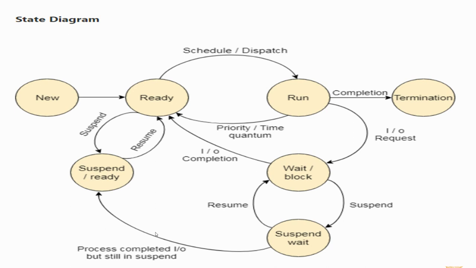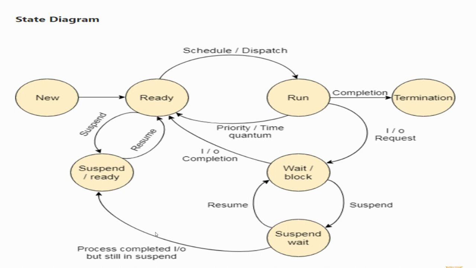There may be an incoming process with higher priority. Then the processes that are already in the ready queue will be sent to suspend ready, where they have to wait until this higher priority process completes its execution with the CPU. Then again they will resume their operation and go to the ready state.